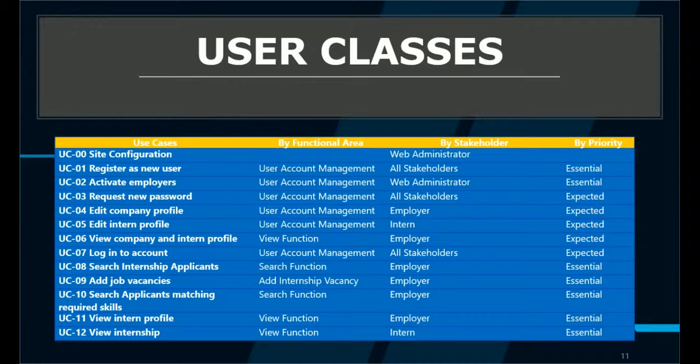These are the site configuration, register as new user, activate employers, request new password, edit company profile, edit intern profile, view company and intern profile, log into account, search internship applicants, add job vacancies, search applicants matching required skills, view intern profile, and view internship.